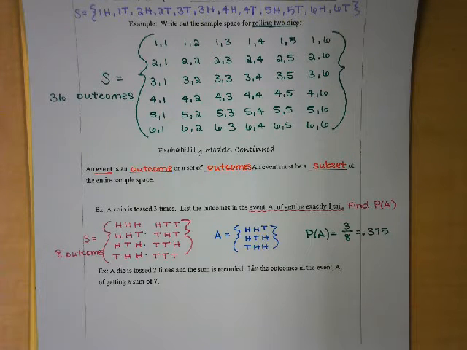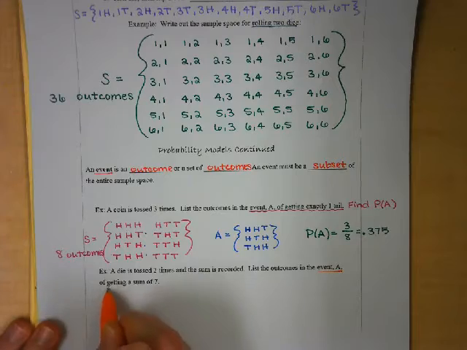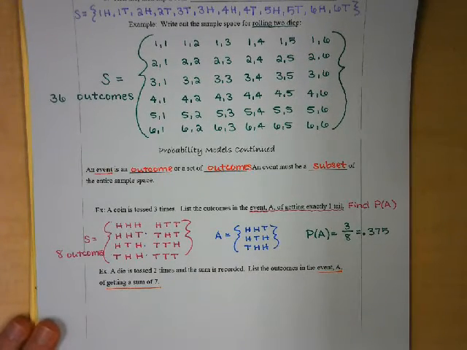The next example, it says a die is tossed 2 times and the sum is recorded. List the outcomes in the event A of getting a sum of 7. So event A is getting a sum of 7.